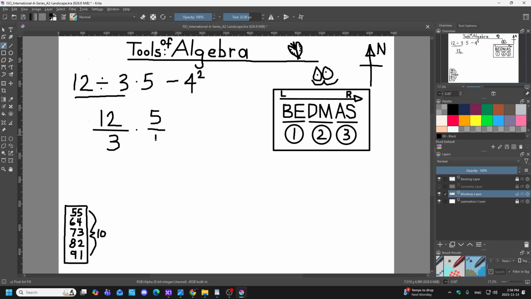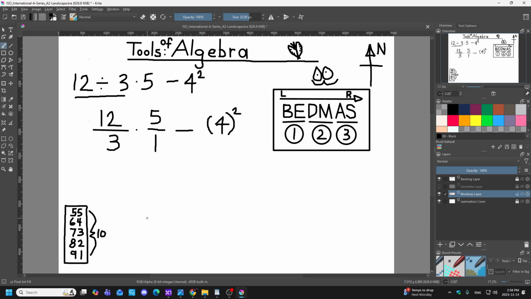That is one long one. Whoops! That was the wrong button. I'll subtract 4 squared.